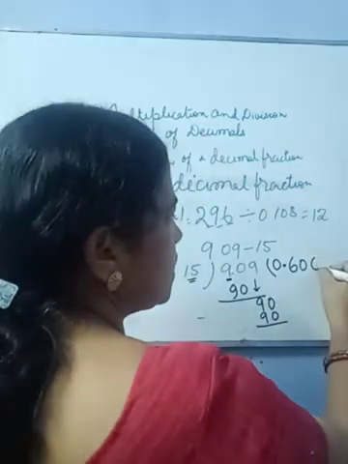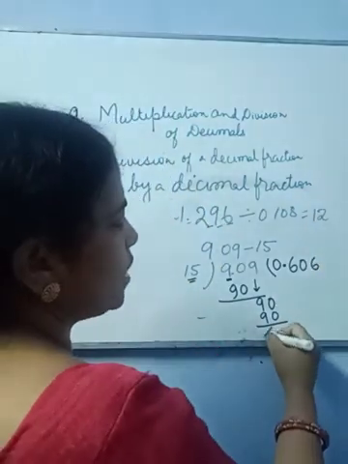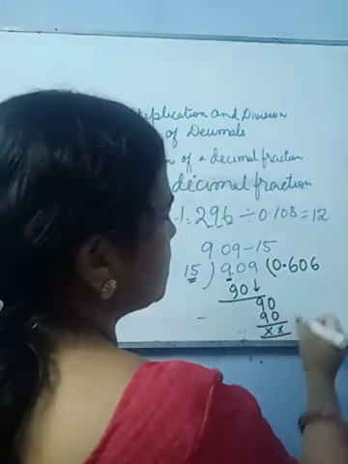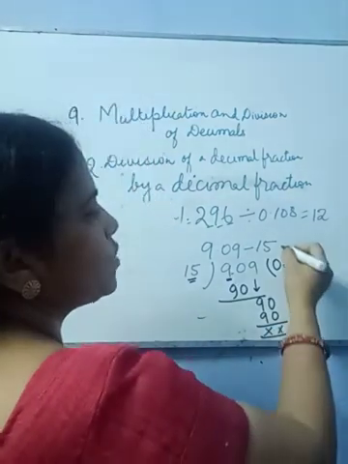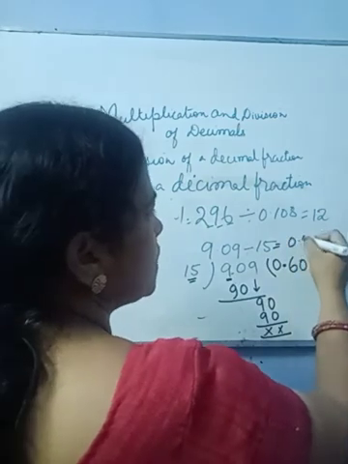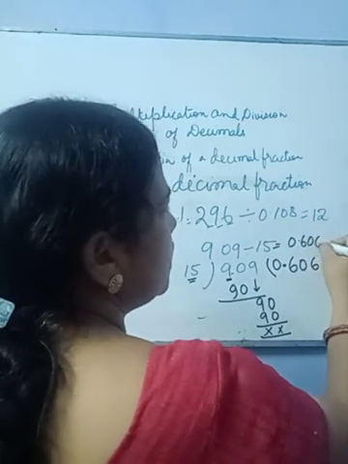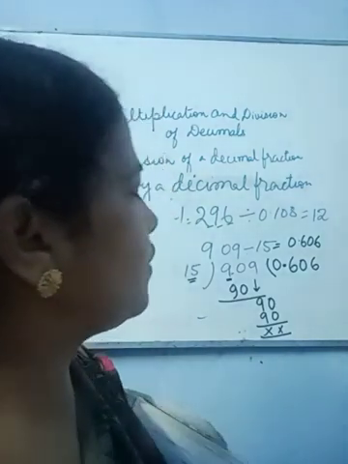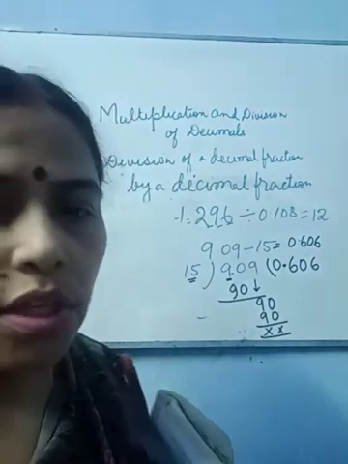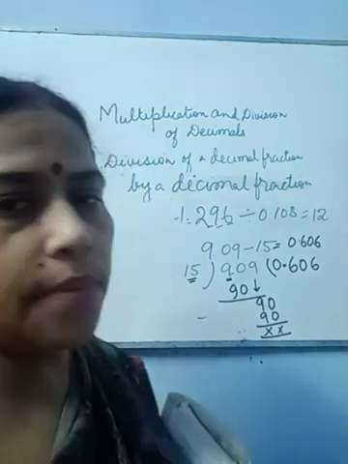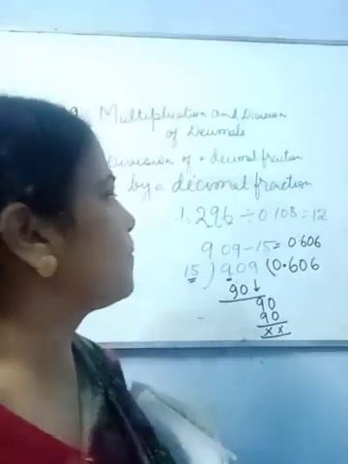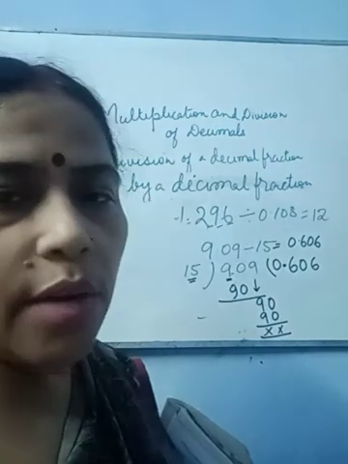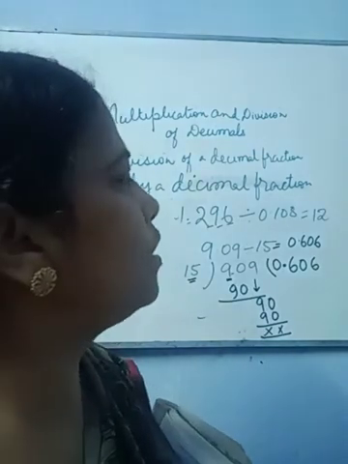So now the answer is 0.606. So 9.09 divided by 15 is 0.606.